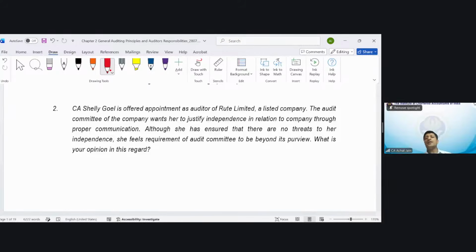C.A. Shelley Goyal is offered appointment as auditor of Root Limited. It's a listed company. The audit committee of the company wants her to justify her independence in relation to the company through proper communication.